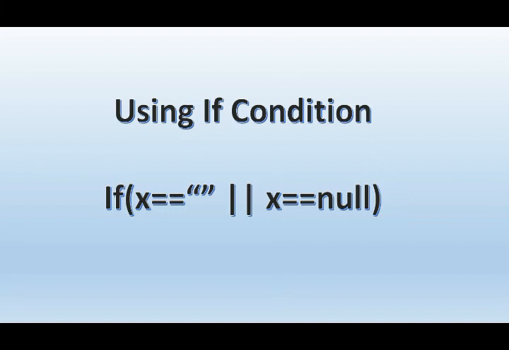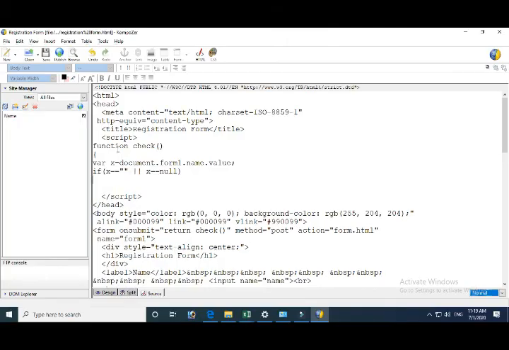Two pipe symbols, vertical bars, are there. This is for the OR condition. So the second condition is x equal to null. If any one of these two conditions matches, then what will happen we define in curly brackets. So the first thing is alert.